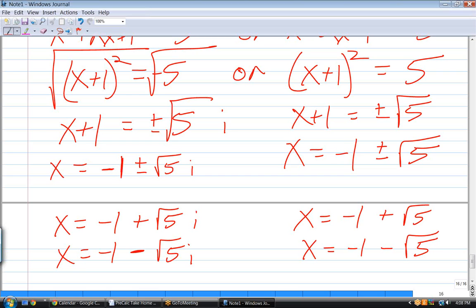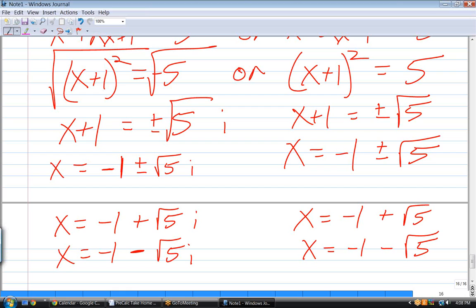And notice that when we did it this way, it was much, much easier than plugging it into the quadratic formula. Yeah, but had I used the quadratic formula, I would have come up with the same 4 answers. They're not any different.